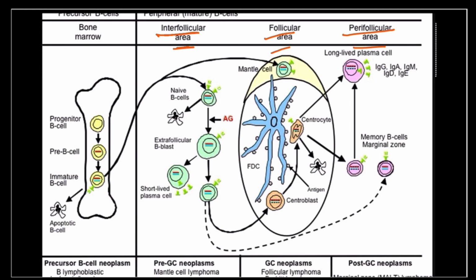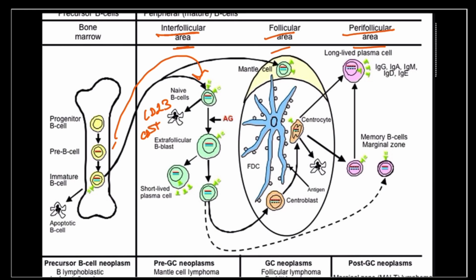The interfollicular area has naive B cells. The follicular area also has naive B cells being formed. So the primary follicle is composed mainly of these mantle cells or naive B cells which are not activated, and they are small lymphocytes with cleaved nucleus.